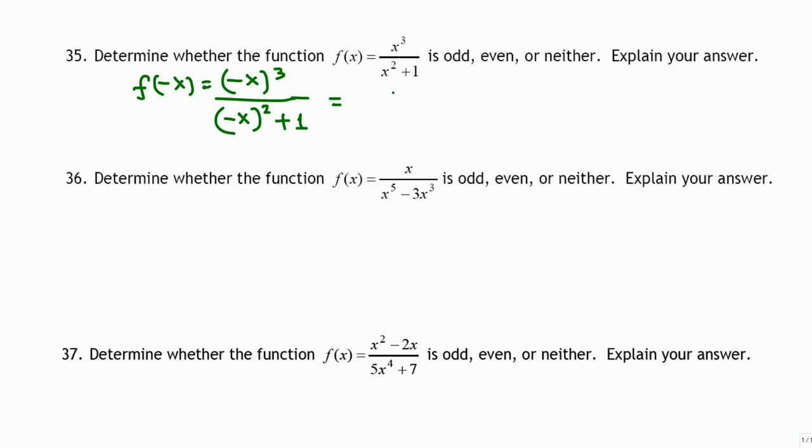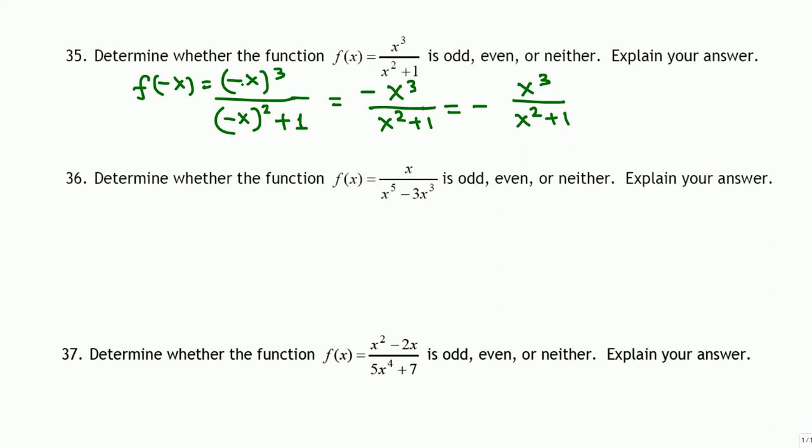Negative x cubed stays negative, and over a negative squared means just positive, so x squared plus 1. This negative on the top we can pull to the front, so negative x cubed over x squared plus 1. And this is, by the way, the original function with a negative in front.